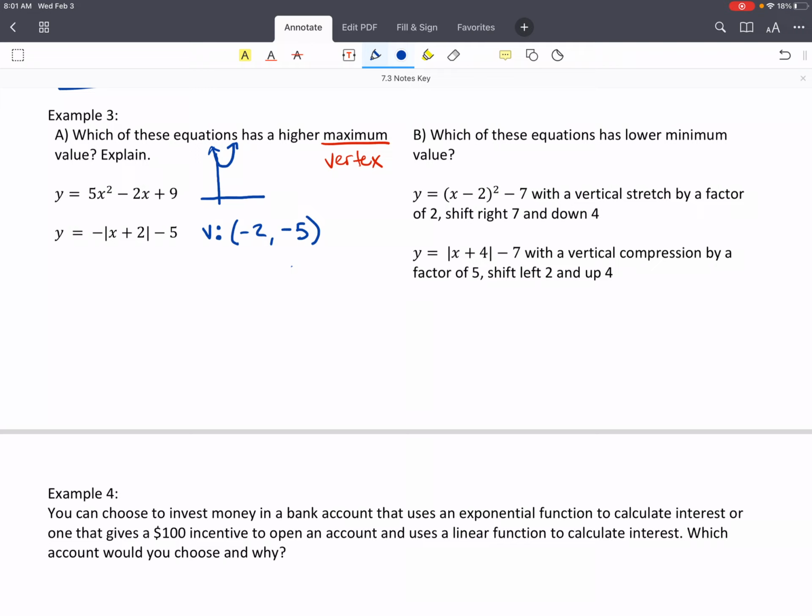And we're going to change these instructions. So we're going to say max or min, because the first one has a minimum value and the second one has a maximum value.